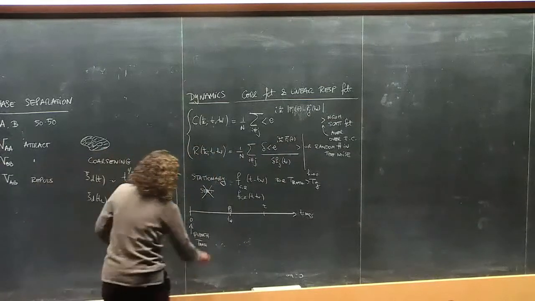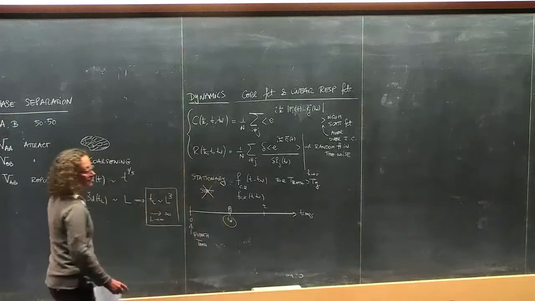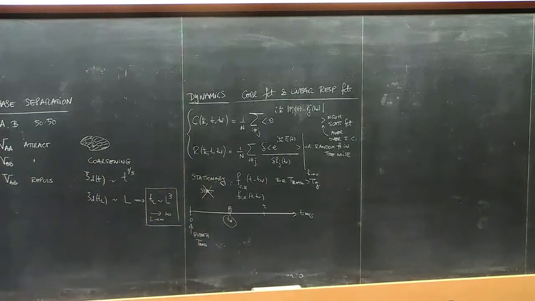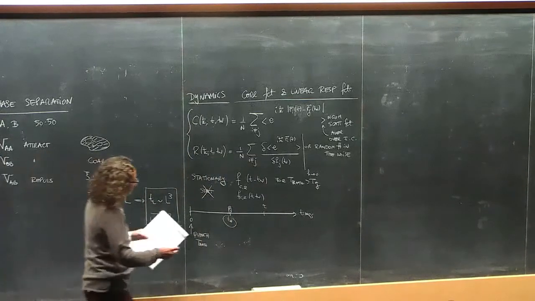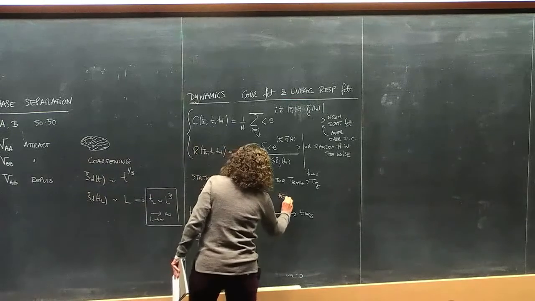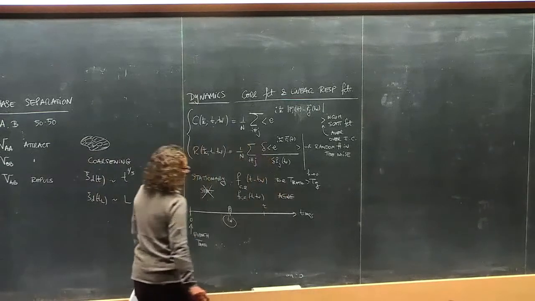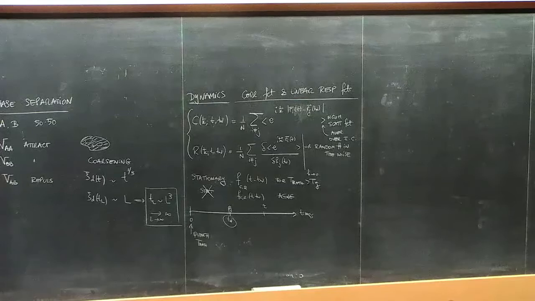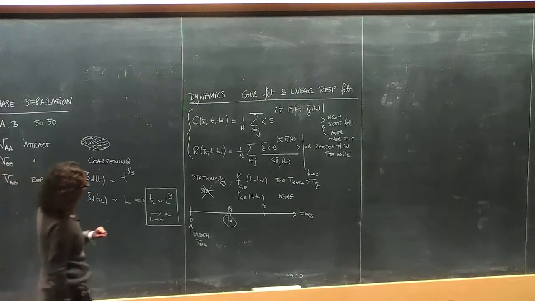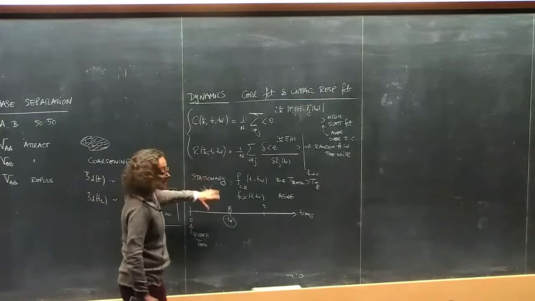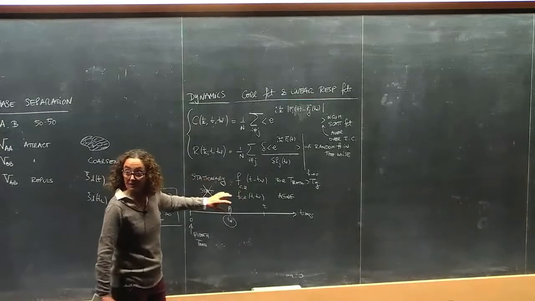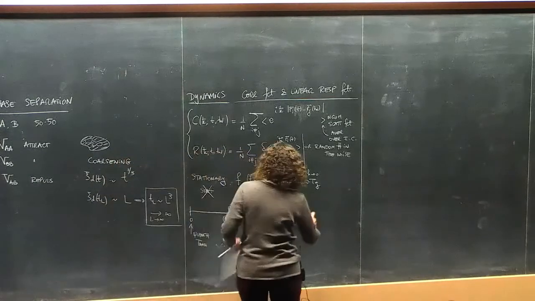There is a memory of this instant here, and this effect is called aging in the literature, but it's just the breaking of the stationarity of the correlations. So this is another piece of evidence that the system is evolving out of equilibrium.